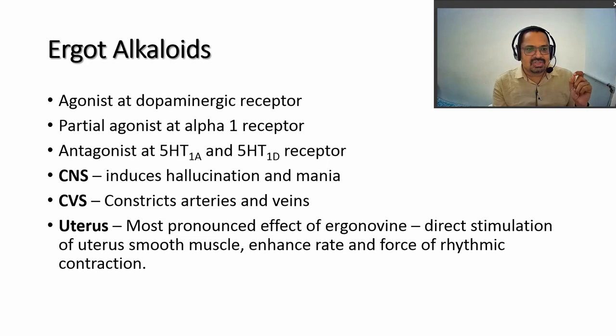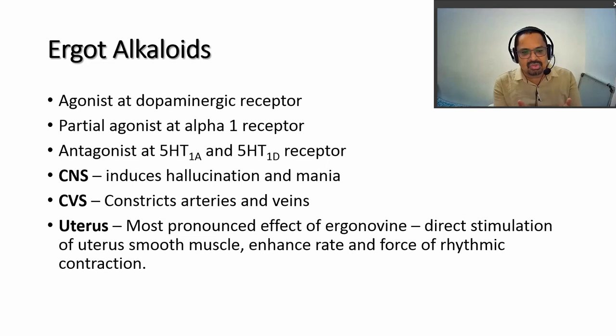As far as the action of ergot alkaloid on the CNS is concerned, it induces hallucination and mania. In the CVS, it constricts the arteries and veins, and its action is prominent on the uterus. The most pronounced effect on the uterus of these ergot alkaloids is from ergonovin.